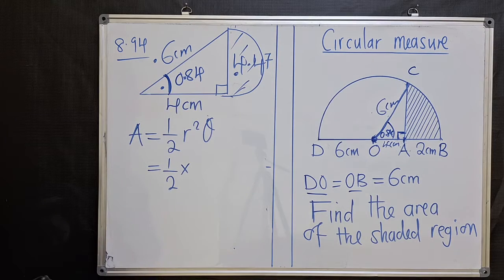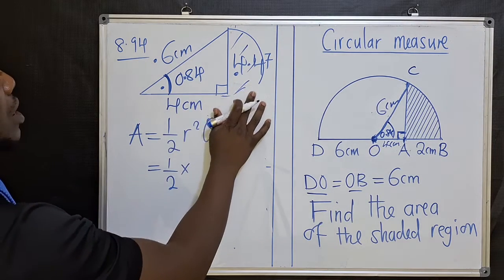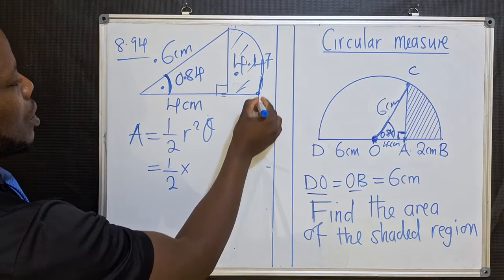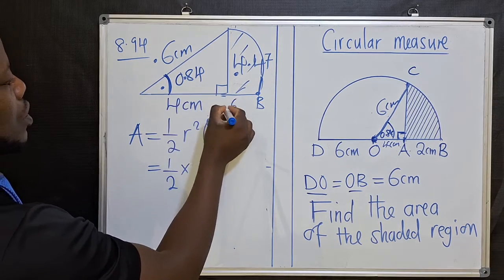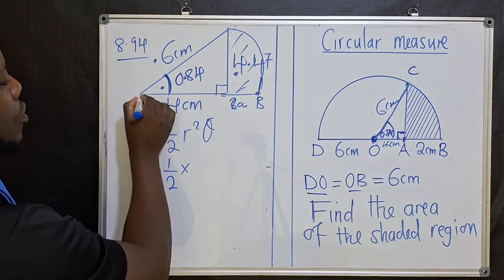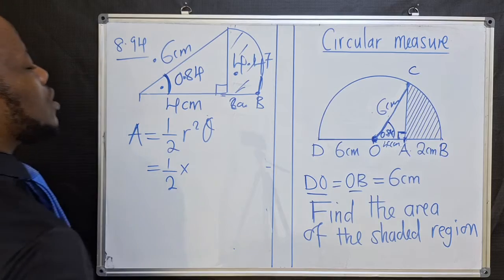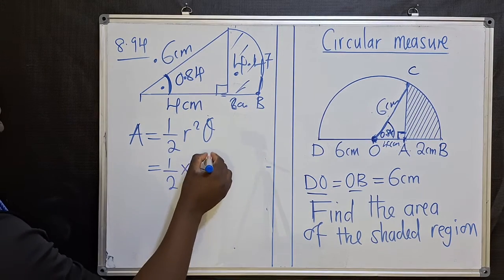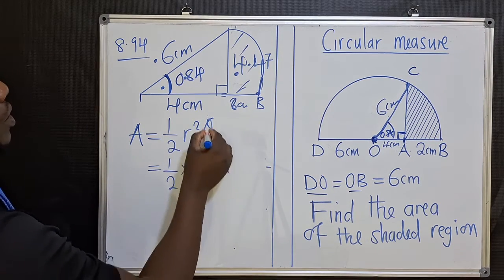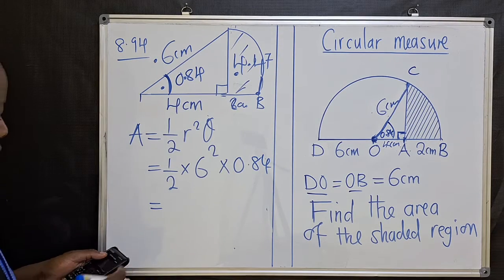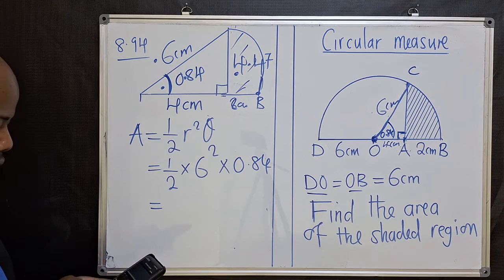Actually, this sector is supposed to be like this, because this is where b is and this is where 2 centimeters is. So from here to here, it will be 6 centimeters. So our radius is 6 squared times the angle there, which is 0.84. Remember, the calculator must always be in radians when dealing with this topic.